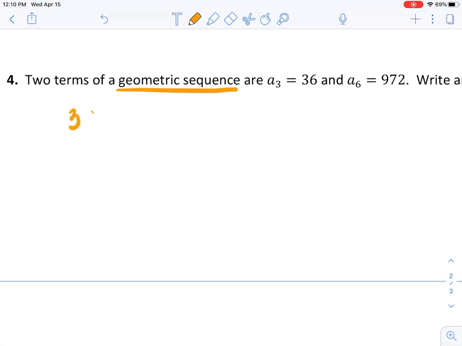So I know that when I plug in 3, I get 36. So I'm going to write 36 equals a sub 1 times r to the 3 minus 1 power, which is 2. And I know that when I plug in 6, I get 972. So 972 equals a sub 1 times r to the 6 minus 1 power, which is 5th power.